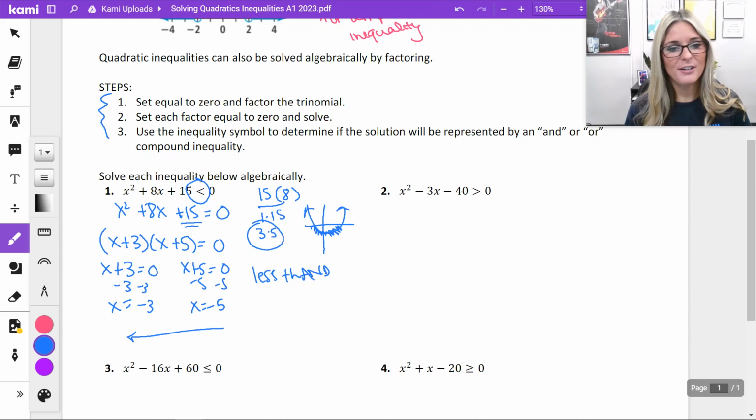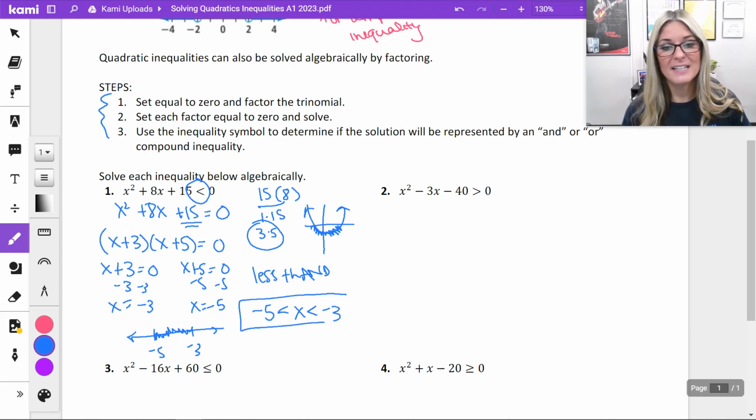So thinking about our number line, we have -5 on the left side and -3. If we have an and, we're shading right in between. So -5 less than x less than -3, written as a compound and inequality squished together, is our final answer. That is where this quadratic is less than 0, right between that segment, -5 to -3.